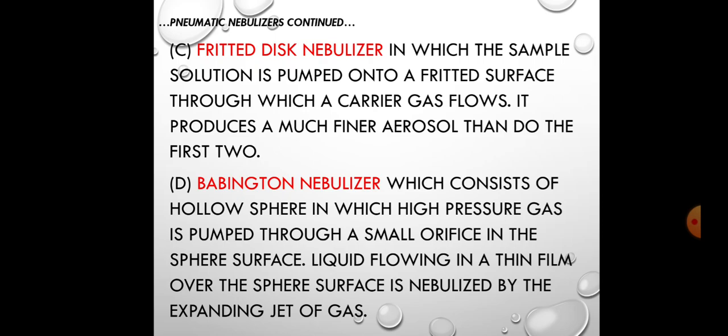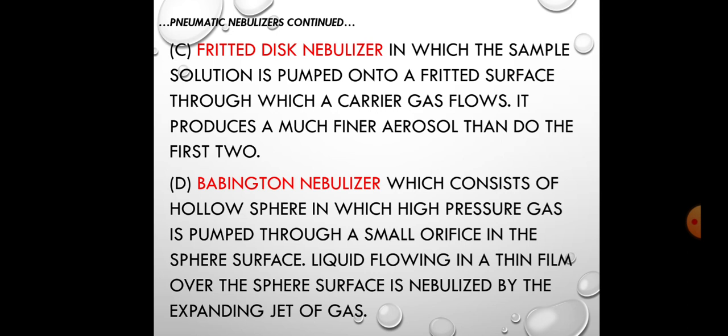We have two other pneumatic nebulizers. One of them is called the fritted disk nebulizer, in which the sample solution is pumped onto a fritted surface through which a carrier gas flows. It produces a much finer aerosol than do the first two.